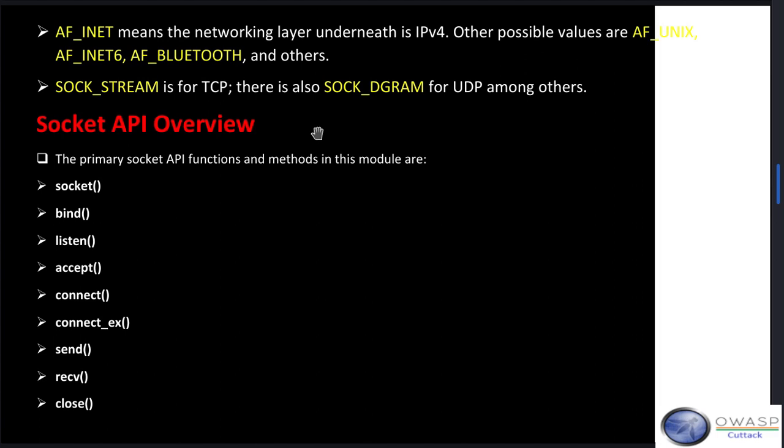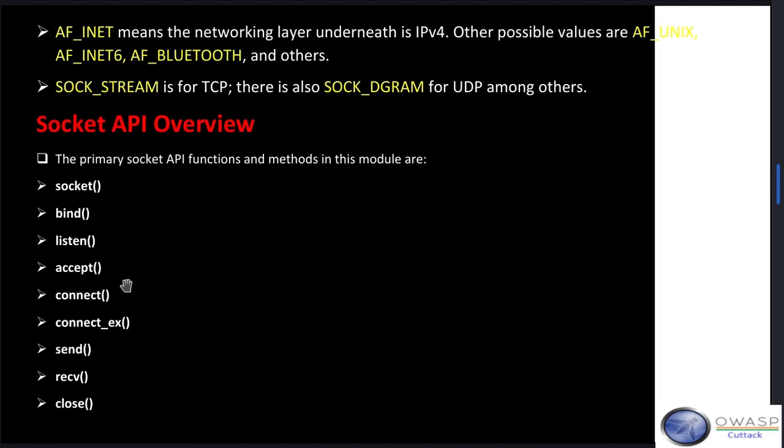The primary socket API functions and methods in this module are the socket function, bind, listen, accept, connect, connect_ex, send, receive and close functions. In our further programs, we will use these functions.